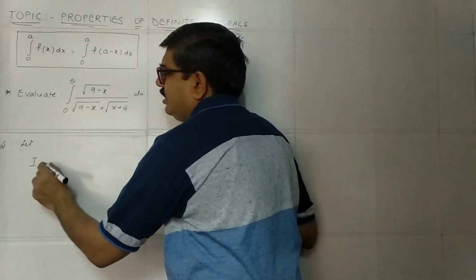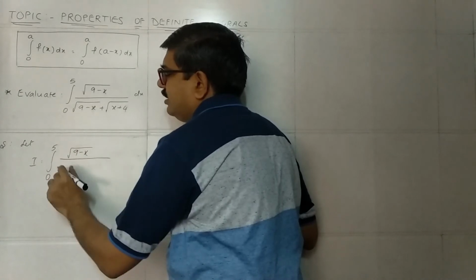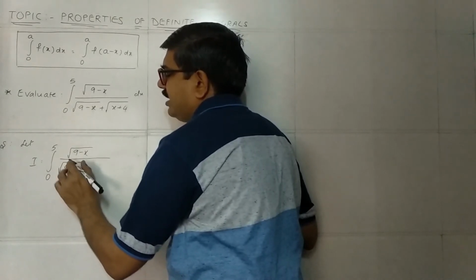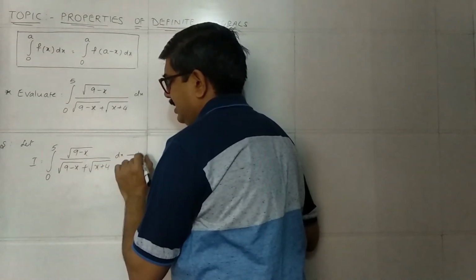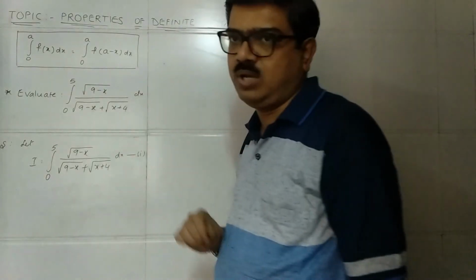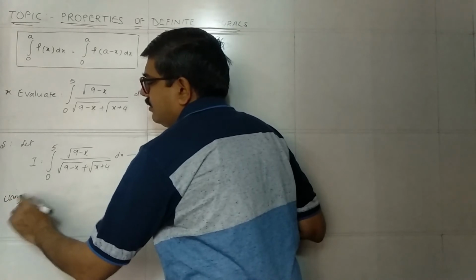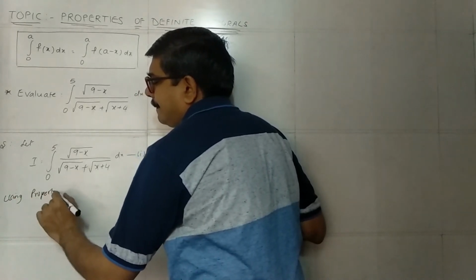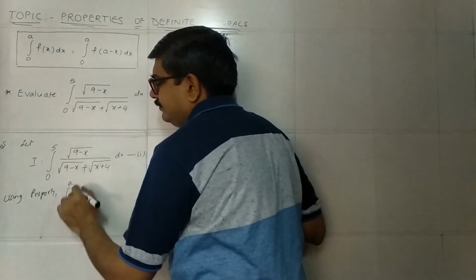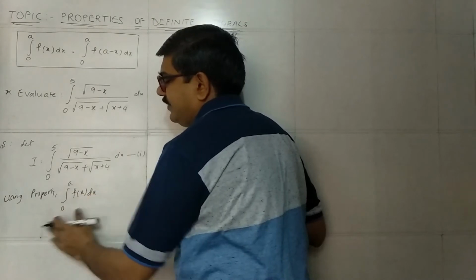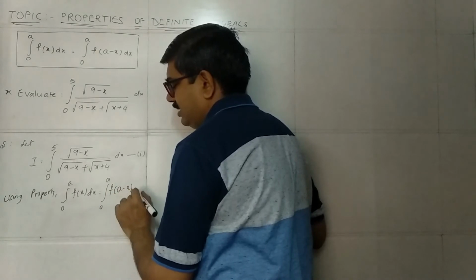Let I equal integral 0 to 5 of square root of 9 minus x upon square root of 9 minus x plus square root of x plus 4 dx. Let us consider this equation number 1. Now, using the property, integral 0 to a f of x dx is equal to integral 0 to a f of a minus x dx.